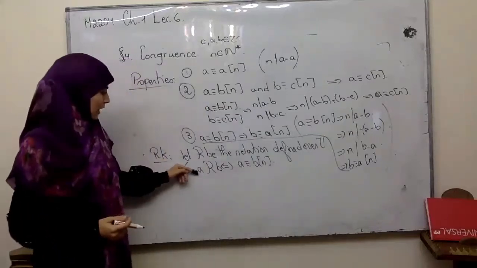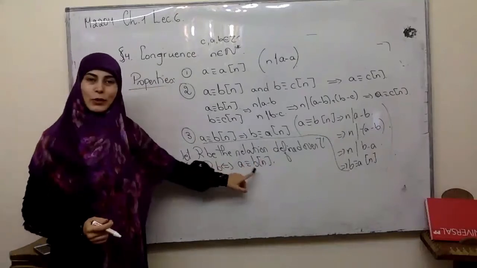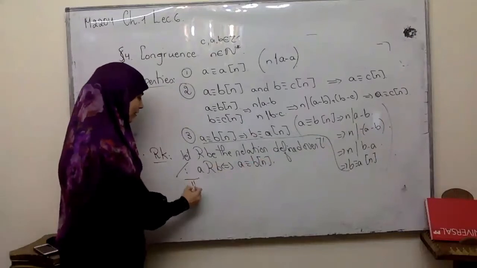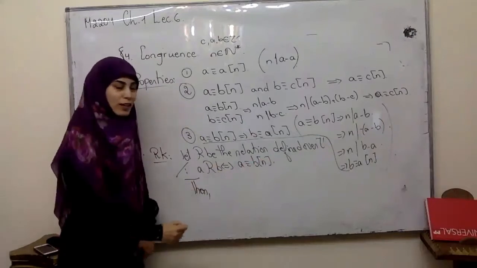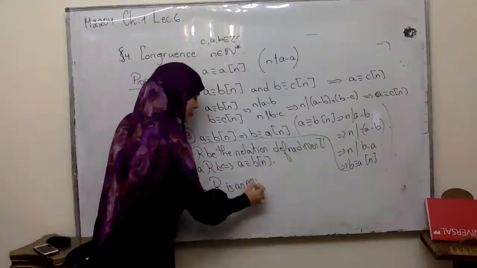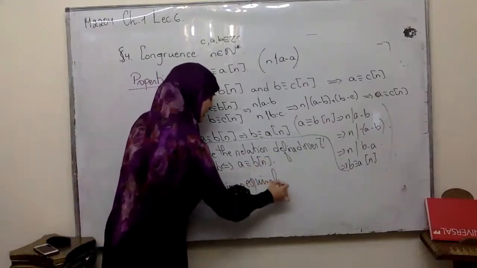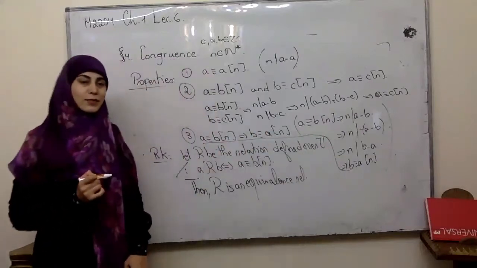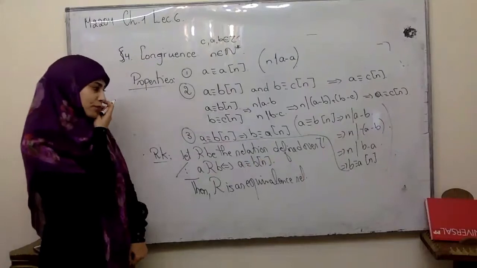So if we say A is in relation with B if and only if A is congruent to B modulo N, then what can we say about R? R is an equivalence relation as it is reflexive, transitive, and symmetric.